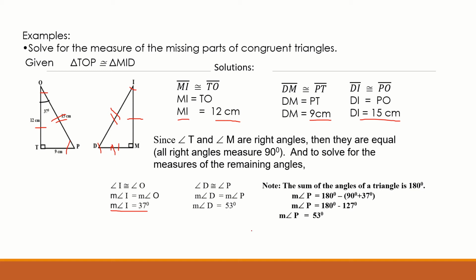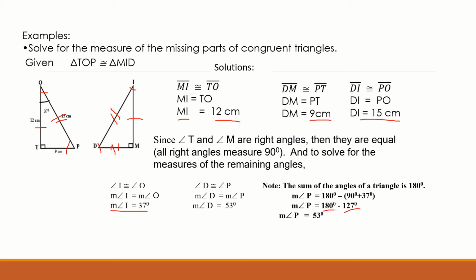So, we have to solve now. Since the sum of the interior angles of a triangle is 180 degrees, we can use the existing measurement of the two angles. We have angle O and angle T. Ang sukat ng angle O is 37 degrees. Ang sukat ng angle T, dahil yan ay right angle, is 90 degrees. So, just add 90 plus 37 is 127.